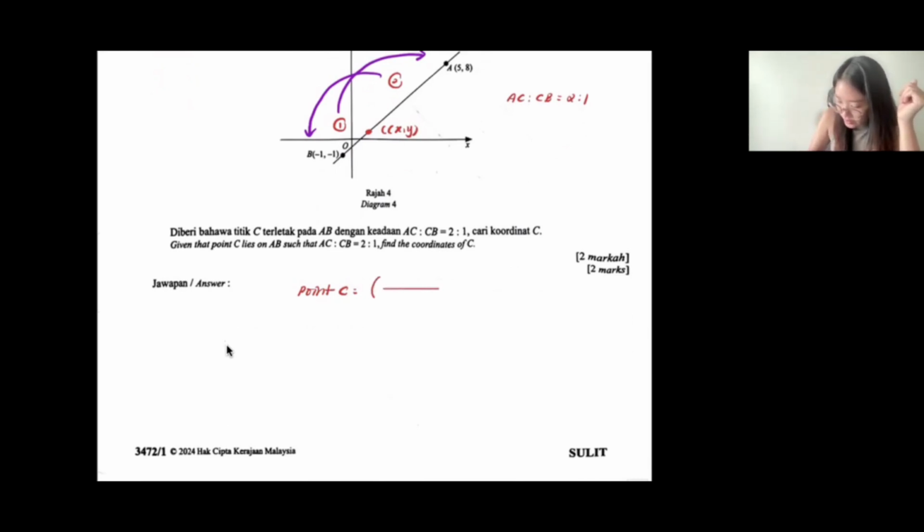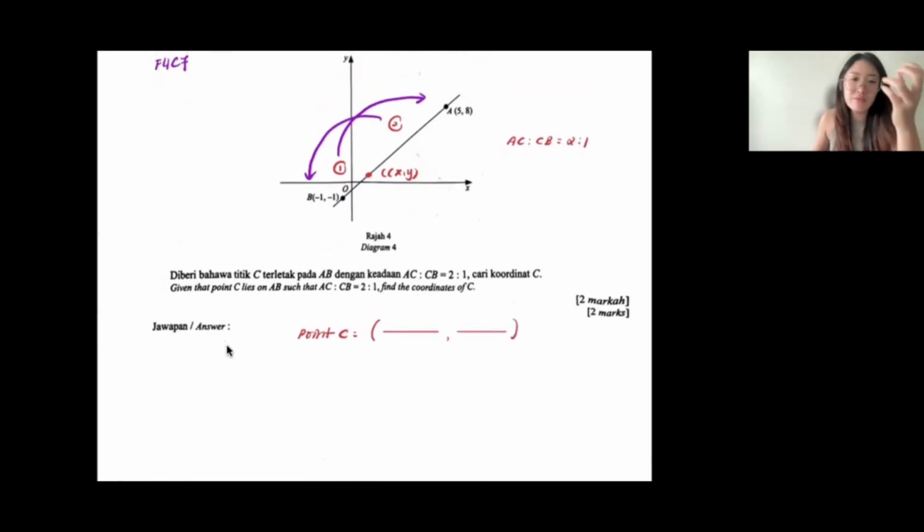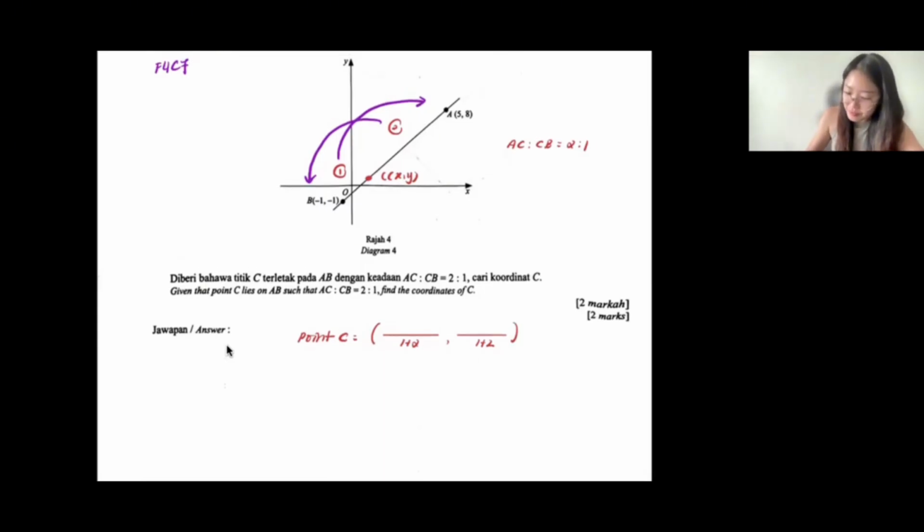The formula is over here, fraction in front, comma, fraction behind. You're going to divide by total parts. Total parts over here, I know it's 3, but you have to write 1 plus 2. You have to write 1 plus 2. Cannot just write 3, I told you already. Then in front over here, everything is about x coordinate. So when 2 multiplies down, you multiply to the x coordinate only.